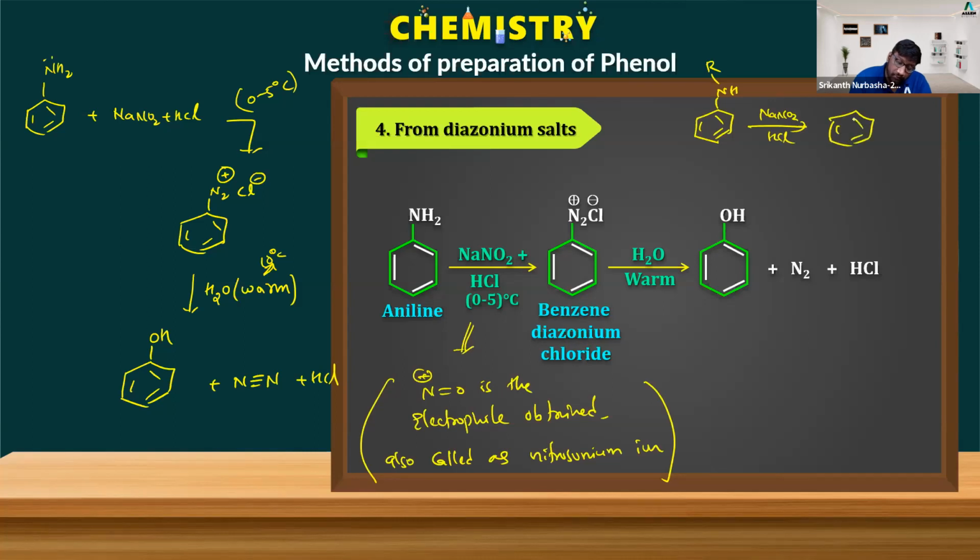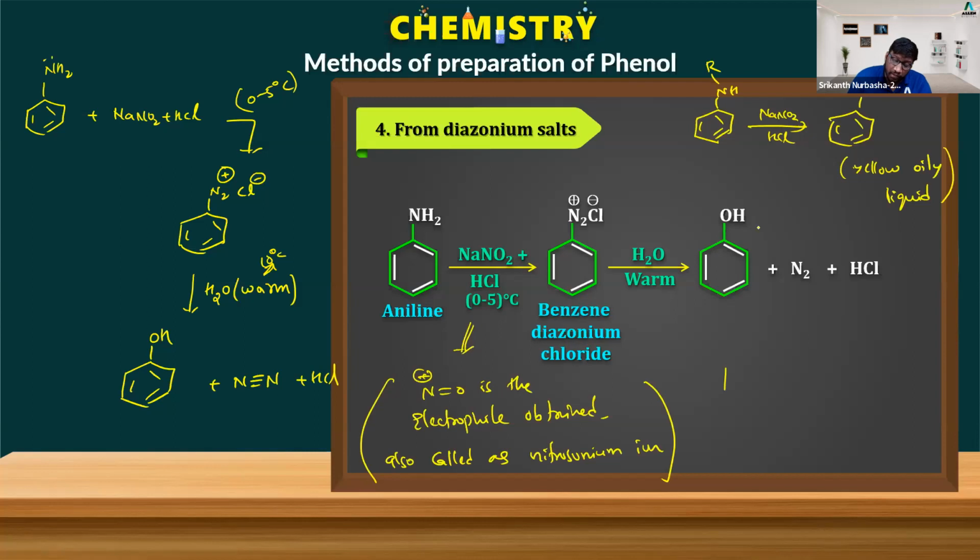You get N double bond O, R. The lone pair of electrons present on nitrogen attacks the electrophile, forming N double bond O with a positive charge on nitrogen, and the NH bond is cleaved. It is a yellow oily liquid. So what you are getting is N-nitroso N-alkyl aniline whenever you treat with a secondary amine.